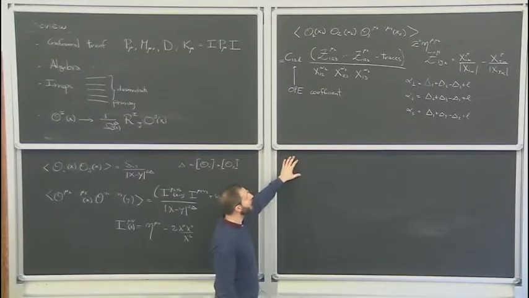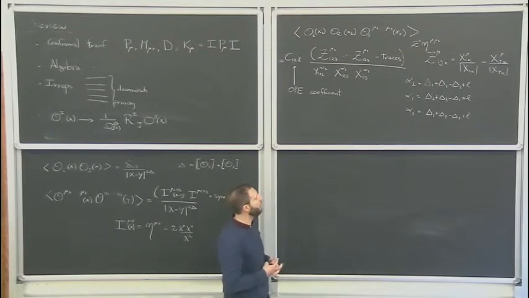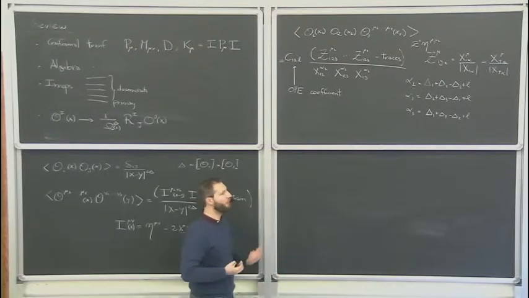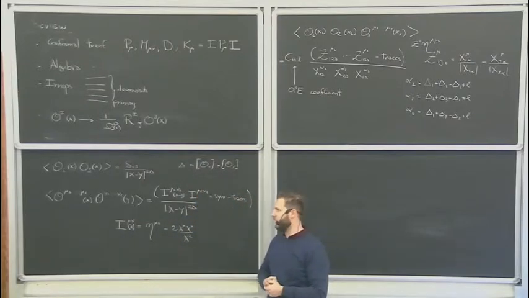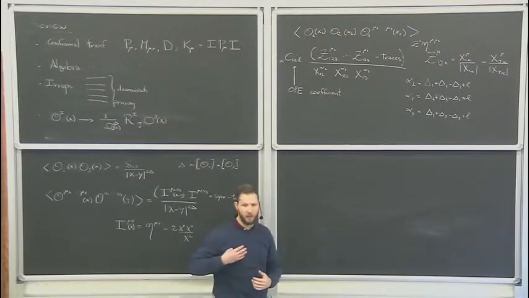So far, I've been using correlation functions defined as insertion of fields inside some path integral, but I haven't actually defined what the path integral is or what quantization I'm using.